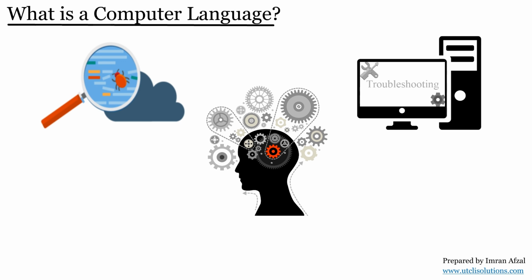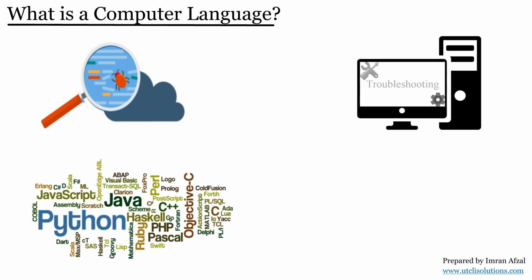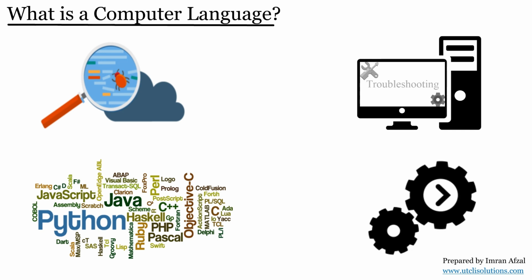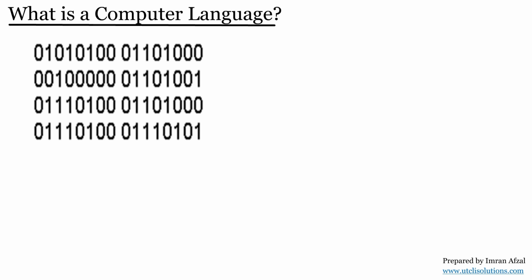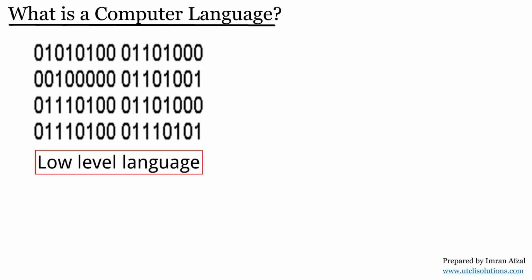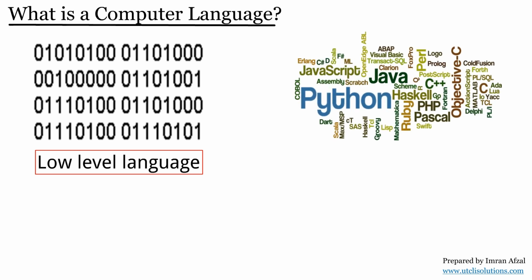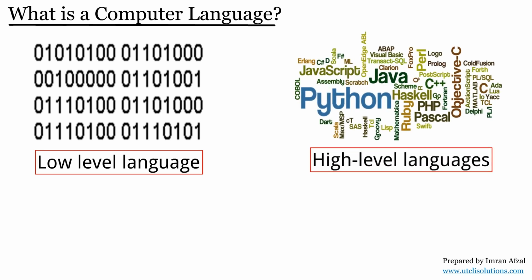So ultimately, regardless of the programming language that you use, the code you write is executed by the computer hardware in the form of binary instructions. In addition, binary language is commonly known as low-level language, while other programming languages are referred to as high-level languages.